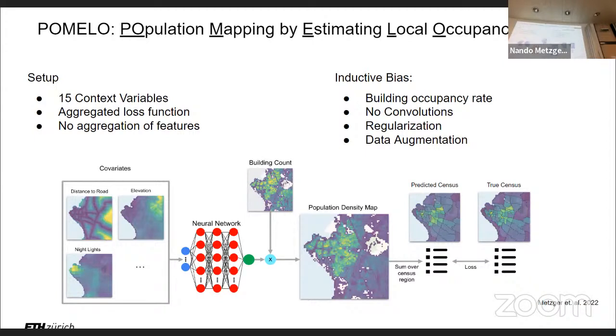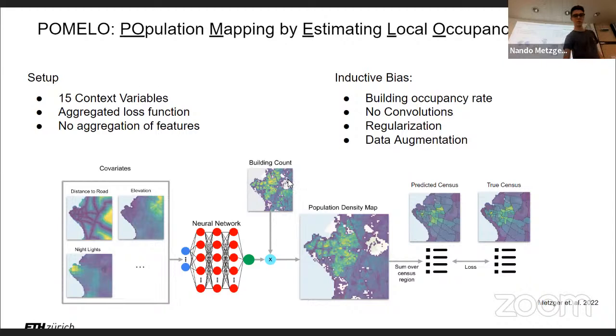Now you may wonder that this is a super ill-posed setting. There might be multiple population maps that would achieve a perfect loss, and this is really the main problem with this setting. So we had to integrate a lot of inductive biases. The first inductive bias, and also the most important one, was the building count variable.